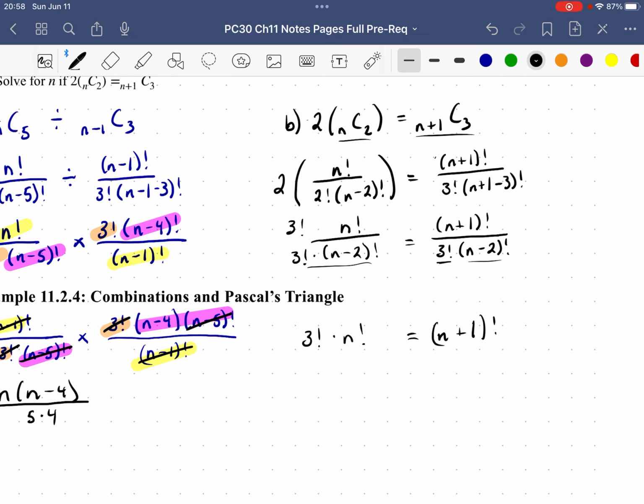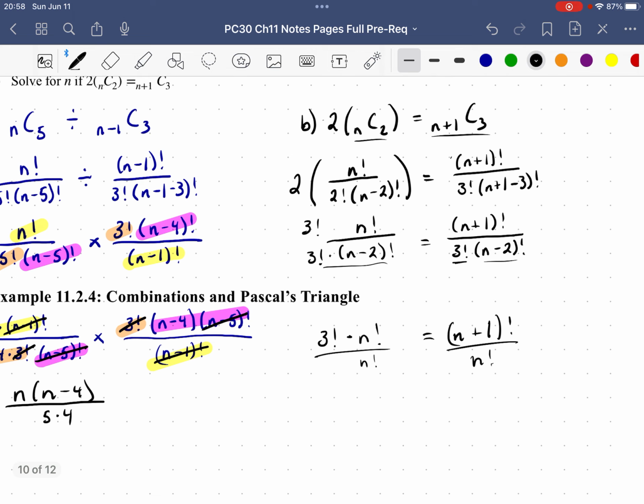Yeah? Now we want to get all of our variables to one side and our numbers to one side. So we're multiplying here by n factorial, so let's divide both sides by n factorial. So we get 3 factorial, which is 3 times 2 times 1. So we get 6 is equal to (n plus 1) factorial over n factorial.